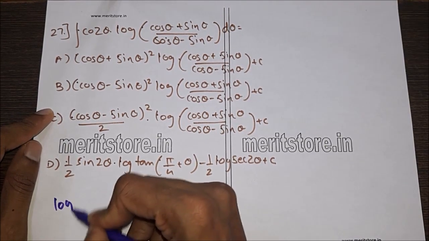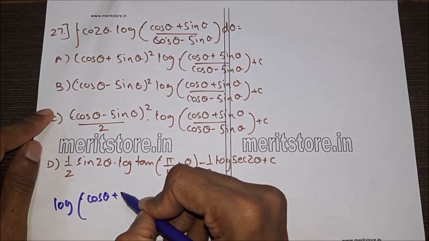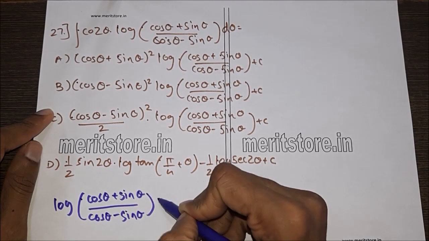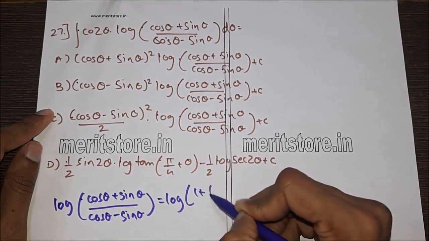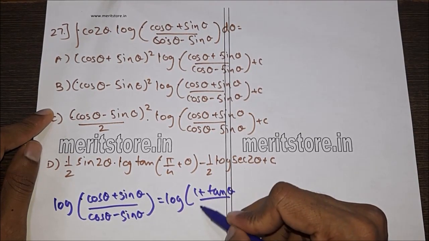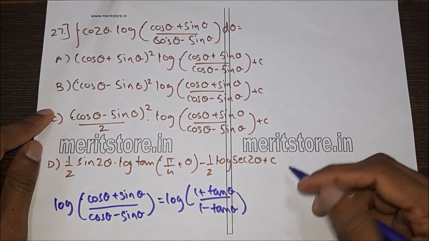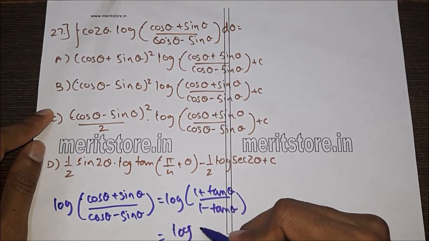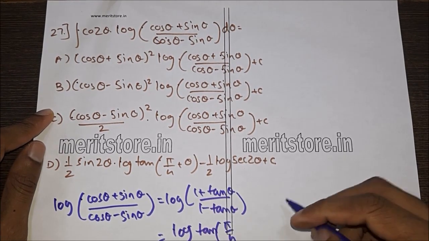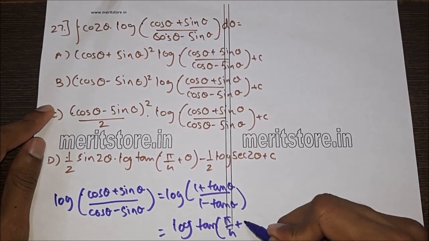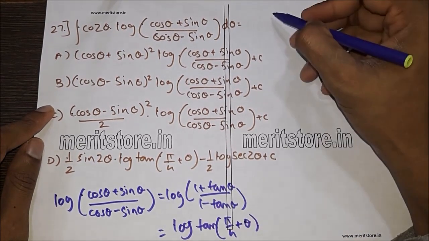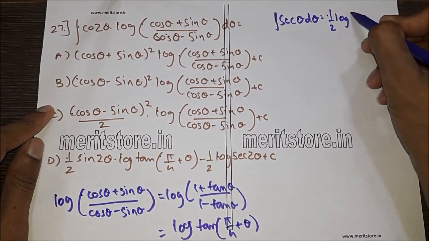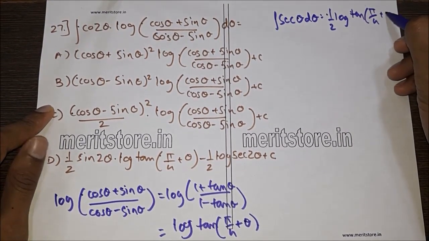We know that log cos theta plus sin theta upon cos theta minus sin theta equal to log 1 plus tan theta upon 1 minus tan theta, which is equal to log of tan pi by 4 plus theta, as integral sec theta d theta is equal to half of log tan pi by 4 plus theta.